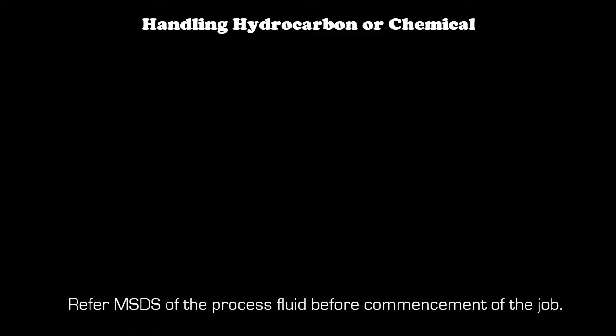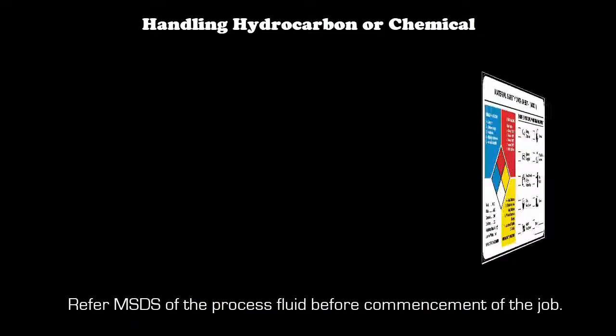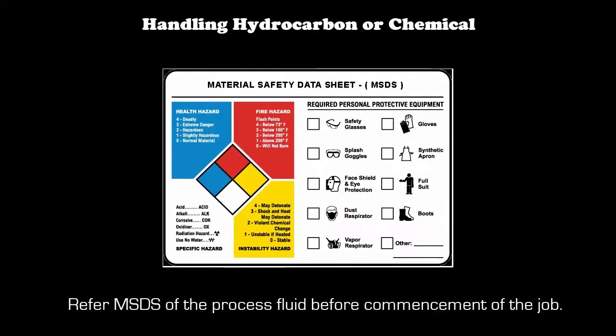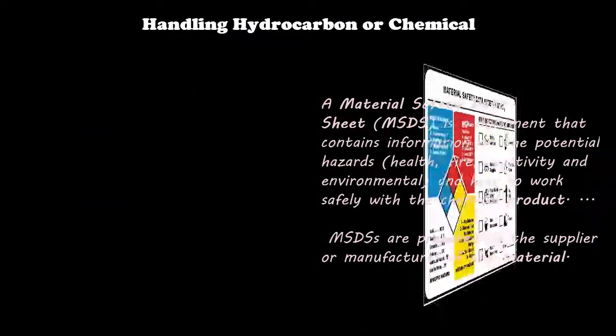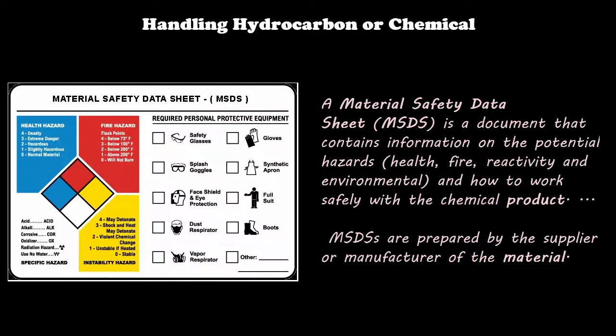Handling hydrocarbon or chemical. Refer to the MSDS of the process fluid before commencement of the job. An MSDS, or Material Safety Data Sheet, is a document that contains information on the potential hazards, health, fire, reactivity and environmental, and how to work safely with the chemical product.